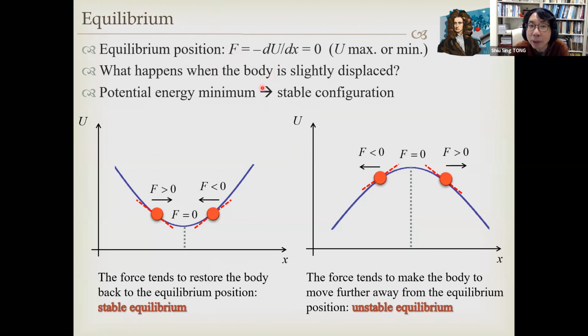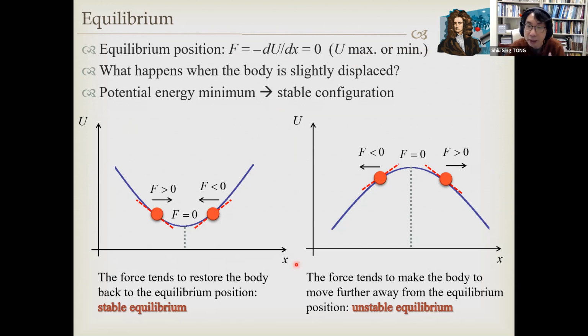Now, we have defined that the conservative force is given by minus dU/dx, where U is the potential energy, right? So if the conservative force is equal to 0, that means dU/dx is equal to 0. And that means, by elementary calculus, U may be at a maximum or minimum position.